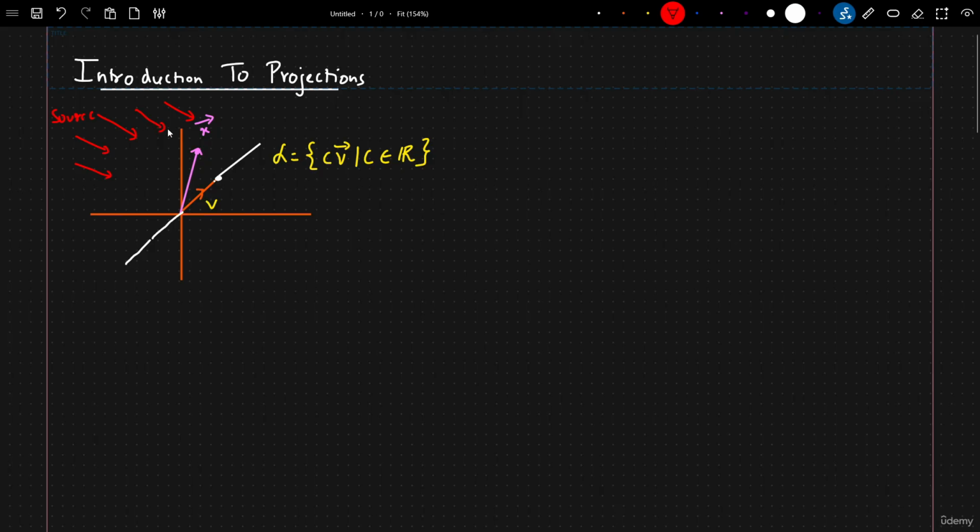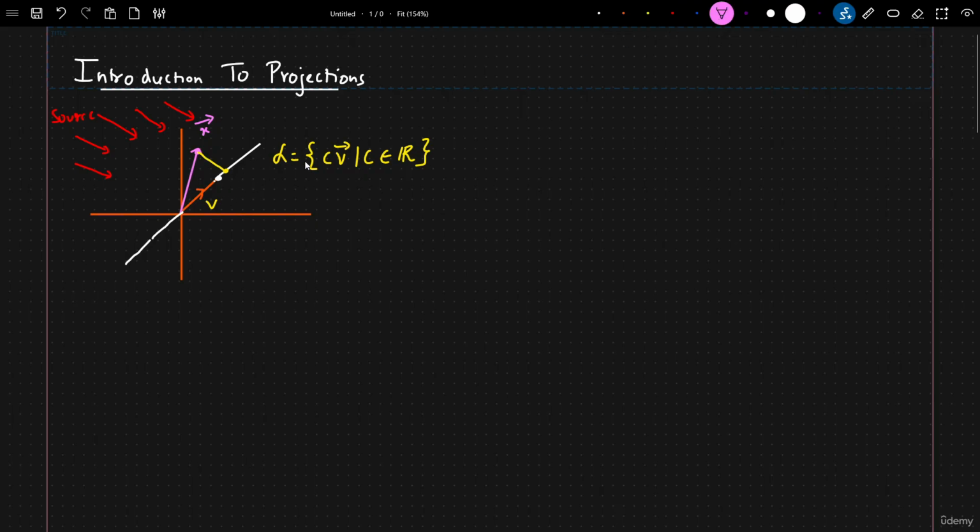When it is projecting on this point, this x is going to fall over here. Once we put a source of light over here, the rays of the light will fall on this, and the shadow of x will fall over here. This is called the projection of this x vector on this specific line.